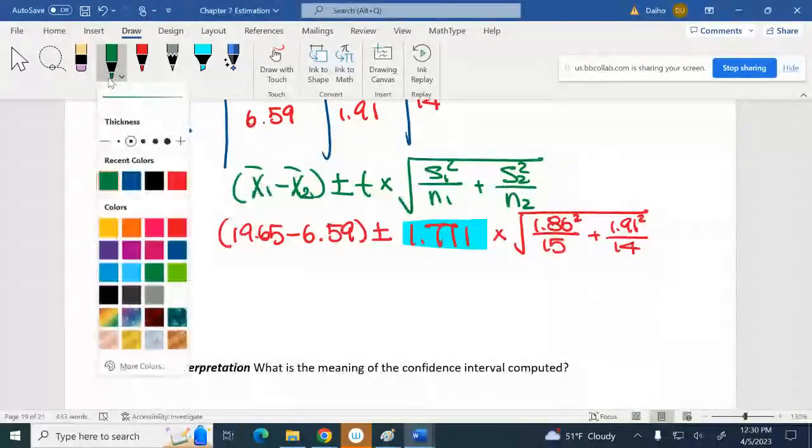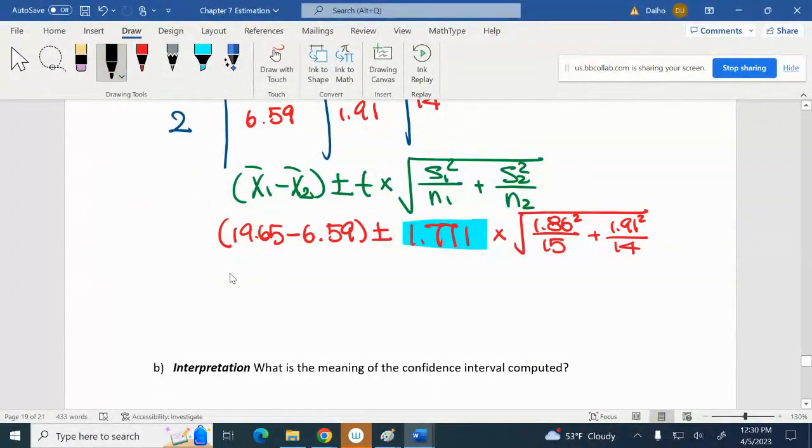Okay, now let me take the mean difference: 19.65 minus 6.59. The mean difference will be 13.06. Then the multiplication with the critical value, the t-score.